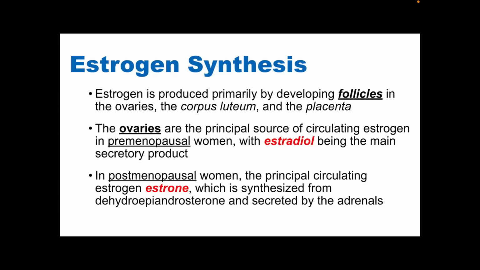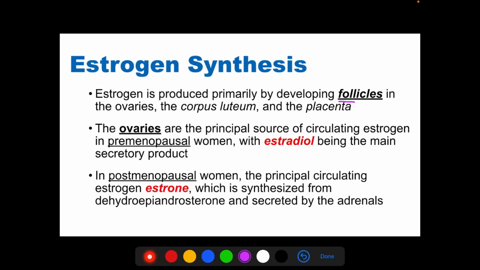The estrogen is produced primarily by the developing follicles in the ovaries, also in the corpus luteum and the placenta. But you have to take note that some estrogens are also produced in smaller amounts by other tissues such as the liver, the adrenal glands, and also the breast. But it's the ovaries that are the principal source of circulating estrogen.